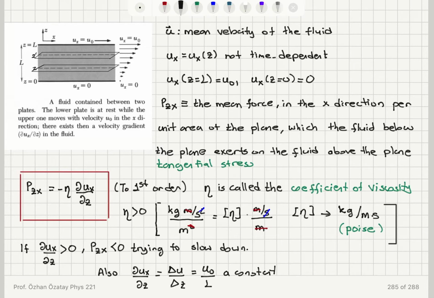And you can see that the mean tangential stress will then be minus the coefficient of viscosity times u0 divided by L.